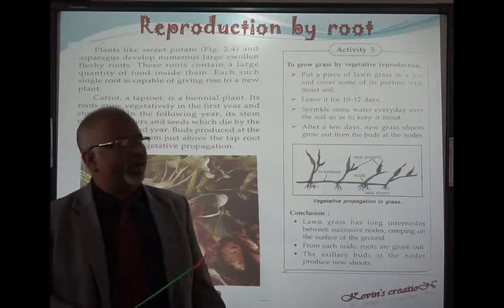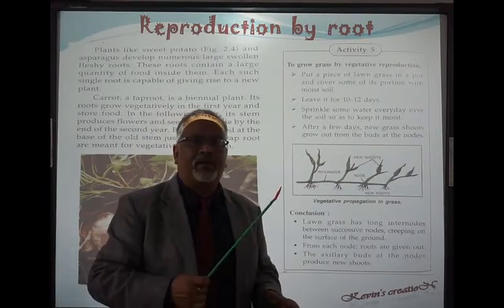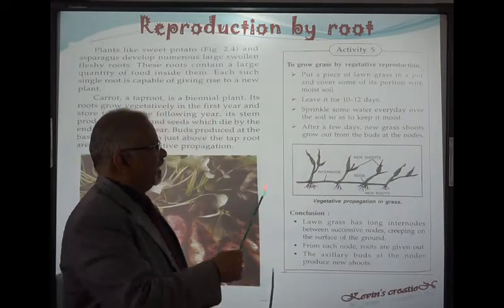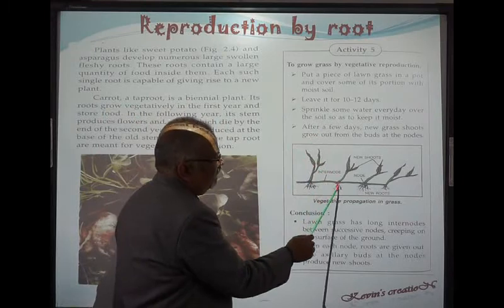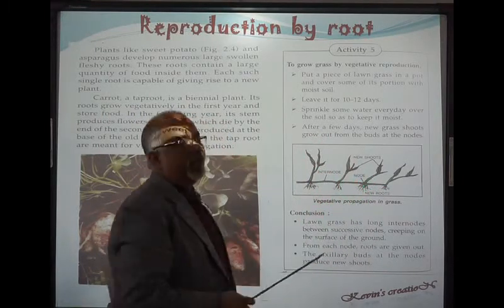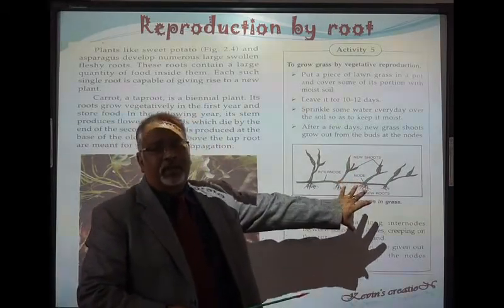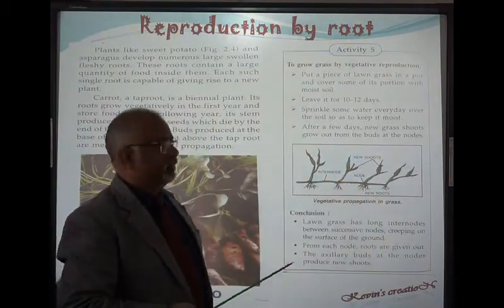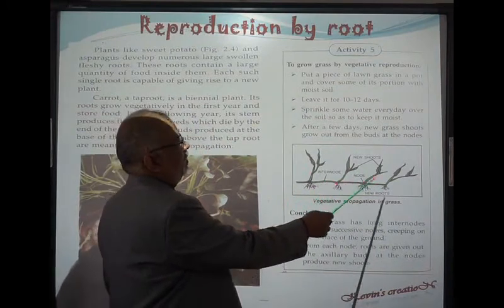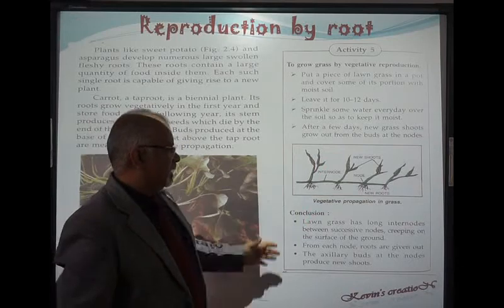Leave it for 10-12 days, and just like the previous cases, sprinkle water whenever it is required. After a few days you will see that these are the nodes, and from each node you will find new shoots coming up. Maybe in the beginning it was not there, but now they are growing, reproducing small plants. After a few days, new grass shoots grow out from these buds.